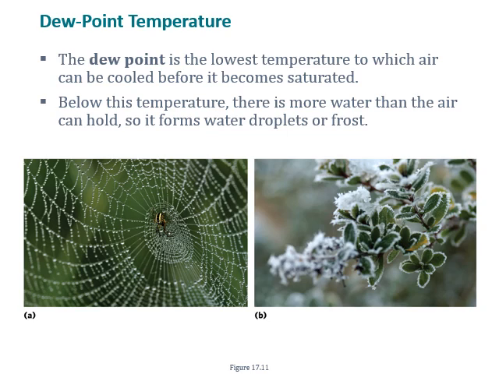So we see dew on grasses and leaves of bushes and trees, as well as on things like spider webs, often in the mornings, because that is the time when the temperature is the coolest during the day.